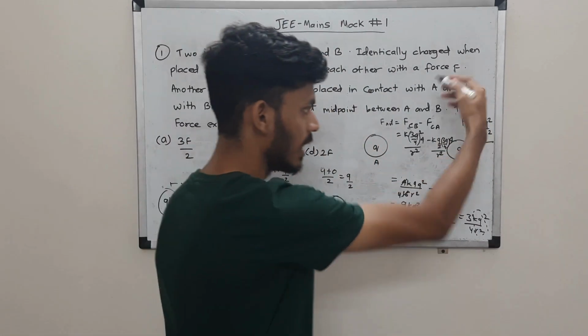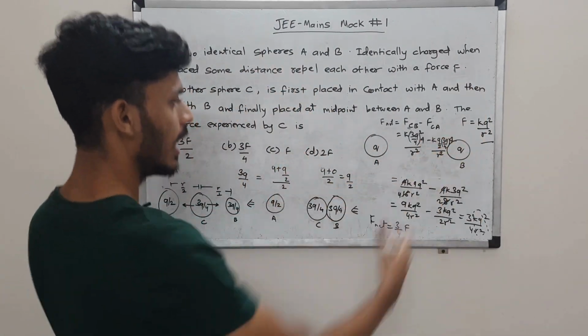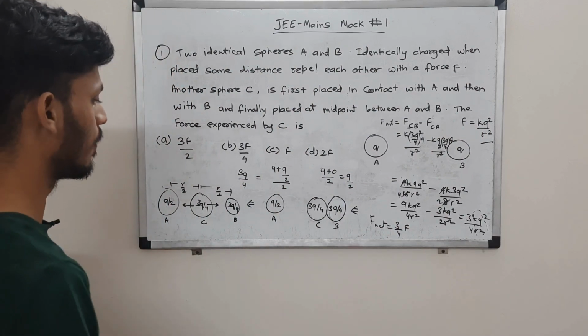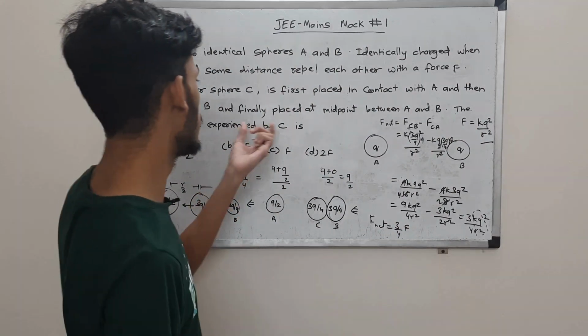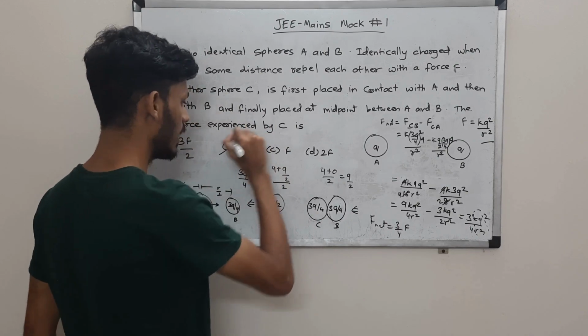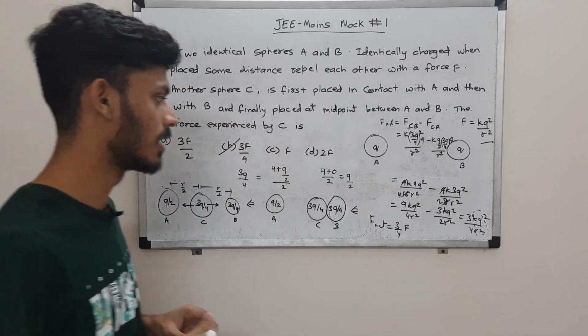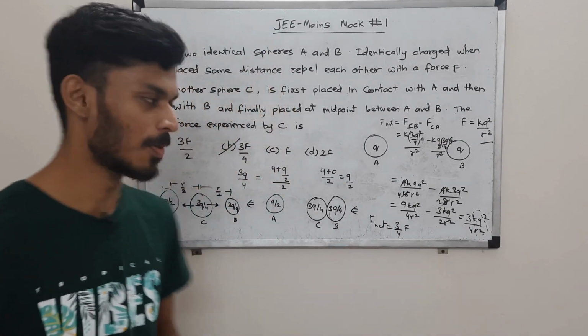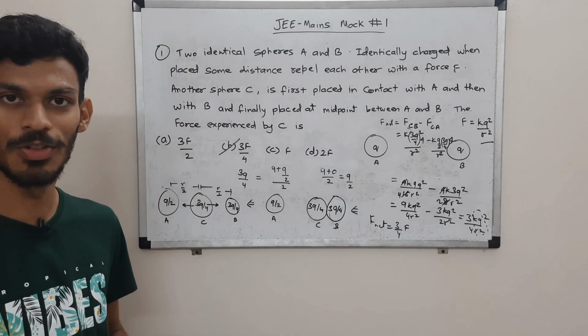This was the initial force when A and B were placed r distance apart. So the new force experienced by C is 3 by 4 times the original force. Okay, so option B is the correct choice over here.